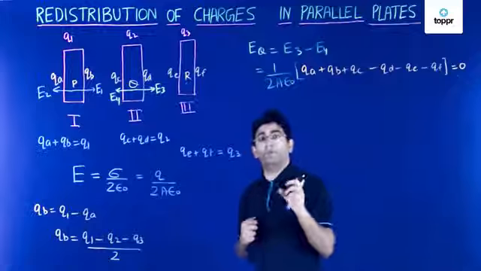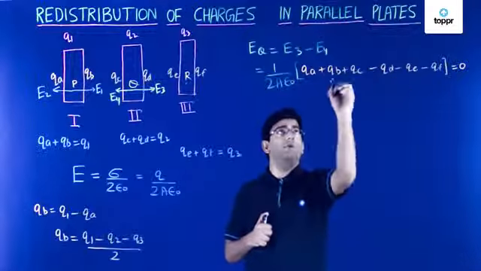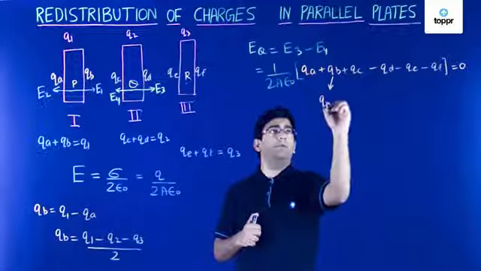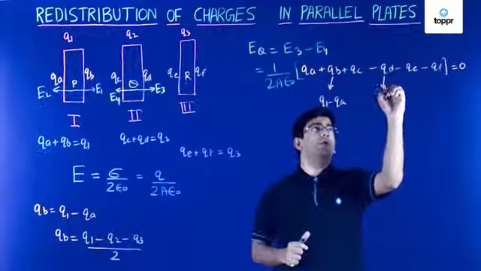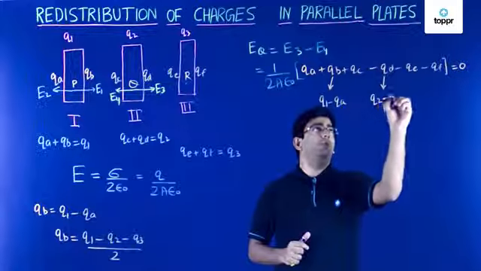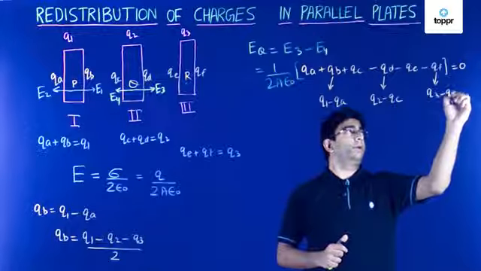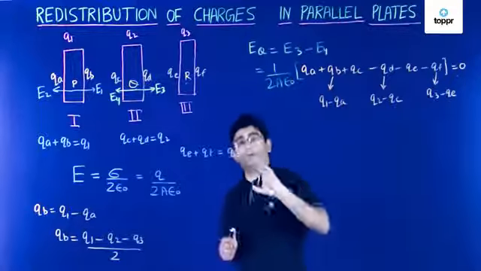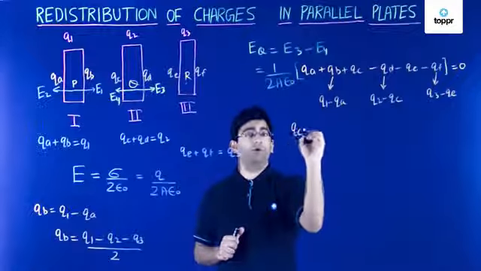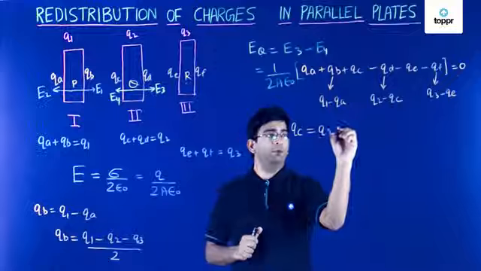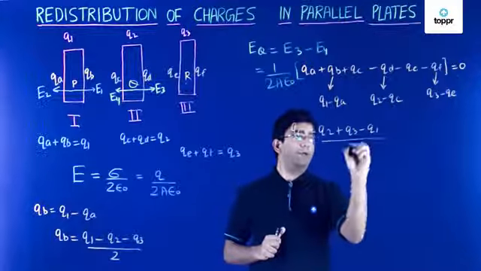Now after that, all we have to do is substitute the expressions of QB, QD and QF. So QB can be written as Q1 minus QA from this expression. QD would be written as Q2 minus QC, whereas QF would be written as Q3 minus QE. So if I simplify this expression after putting equal to 0, we will get the value of QC as Q2 plus Q3 minus Q1 divided by 2.